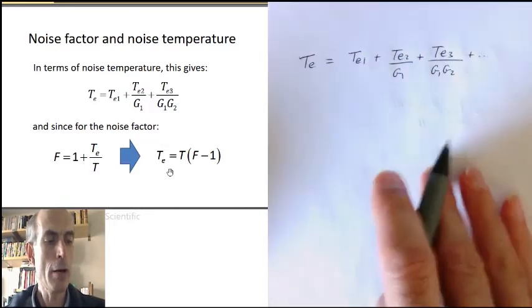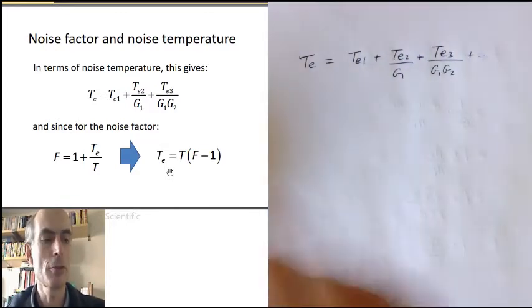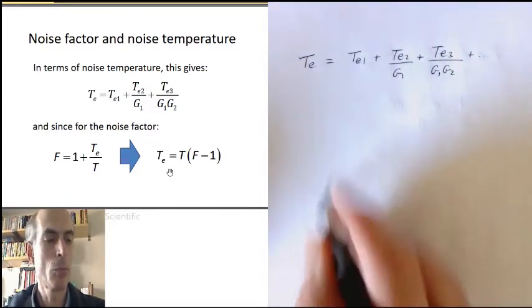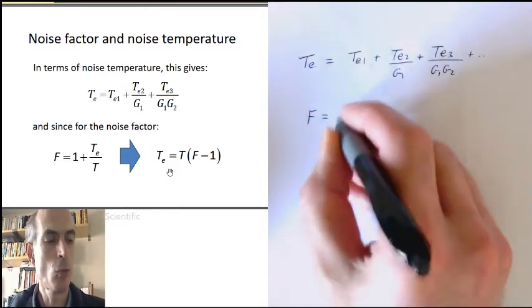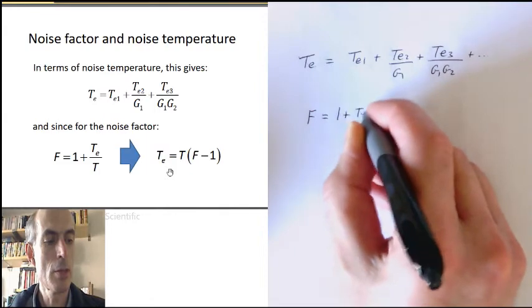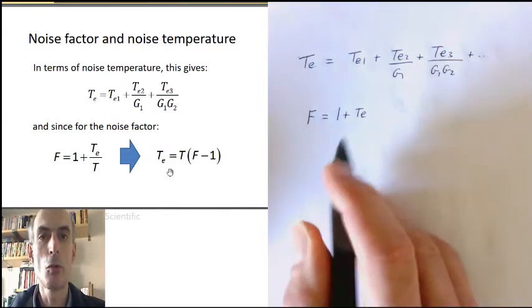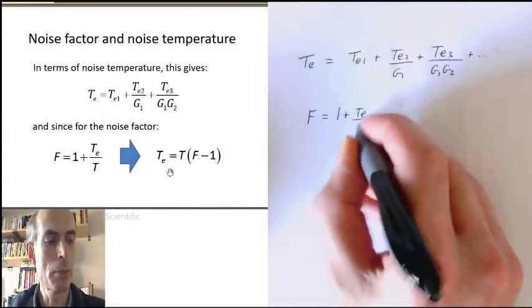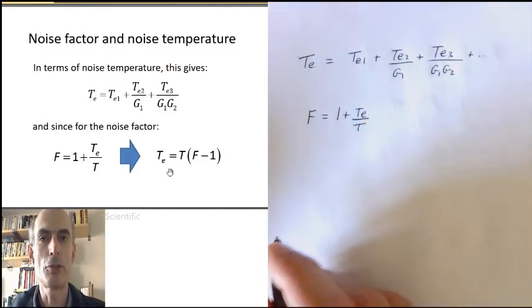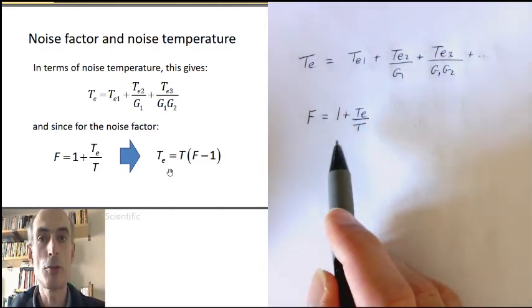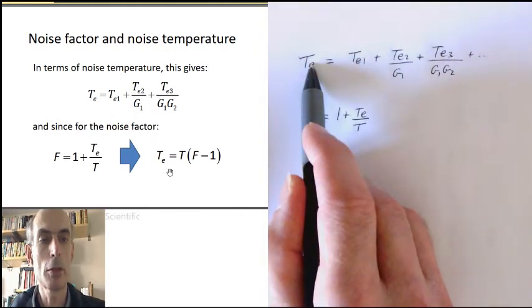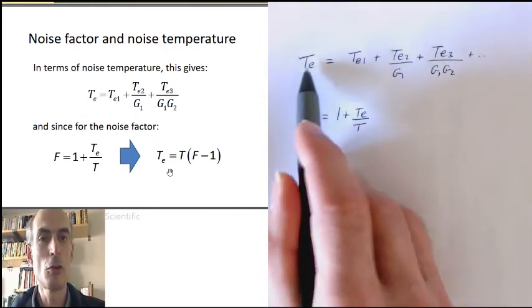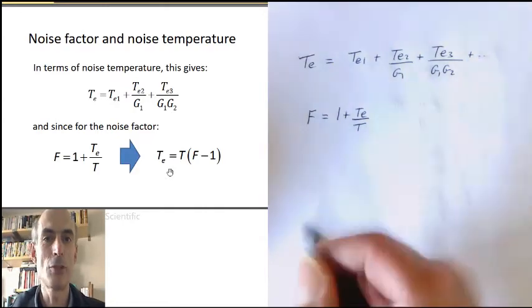We also have this new expression, noise factor, and we know that the noise factor of an amplifier is 1 plus the equivalent noise temperature divided by the system noise temperature. We can substitute in for these noise temperatures here and come up with an expression for the total noise factor of a multiple stage amplifier.